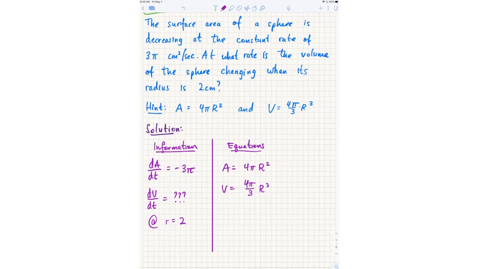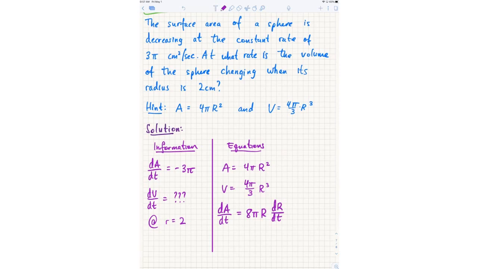Rohit wrote dA dt equals 4 pi times 2r dr dt. Good. Samir says we take the derivative of the area. So we have to take the derivative of both of these equations. So dA dt equals 8 pi r times dr dt. Don't forget that dr dt by chain rule. R is a function of time.